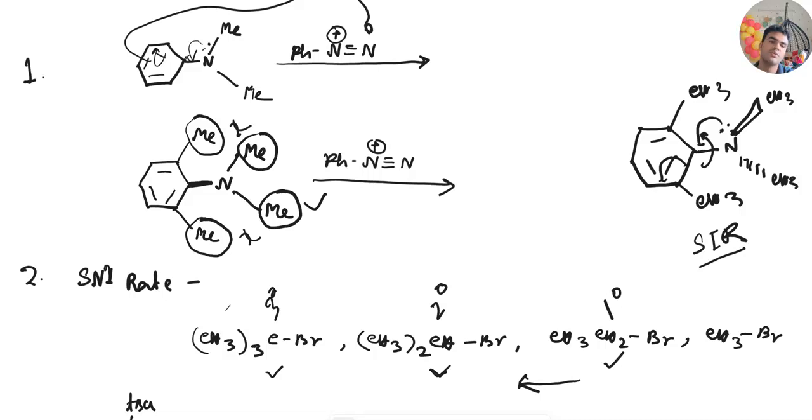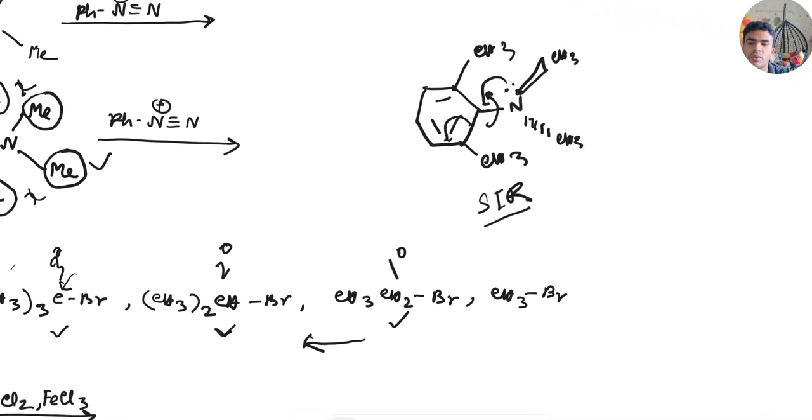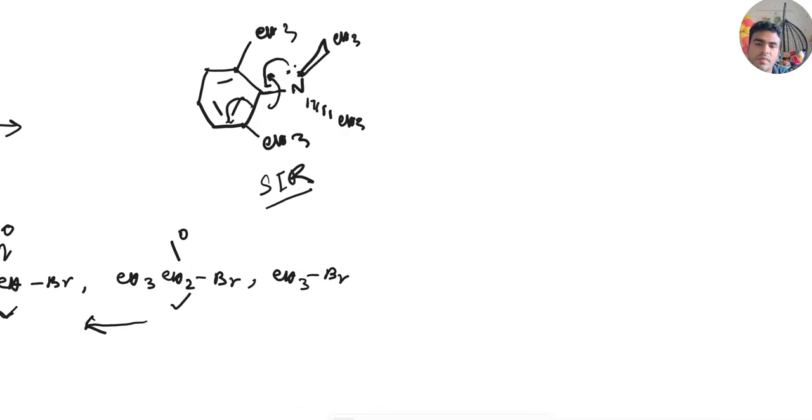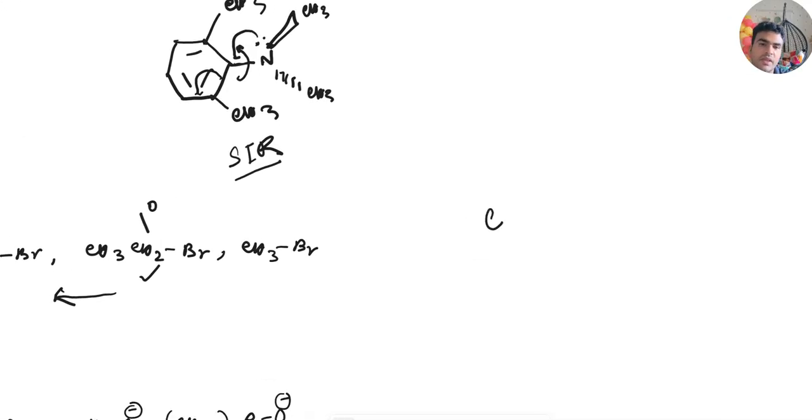But if we consider SN2, the rate will be reverse, because as the number of methyl groups increases, there will be steric crowding at this carbon, which will cause that molecule to have a lower rate for SN2 reaction.